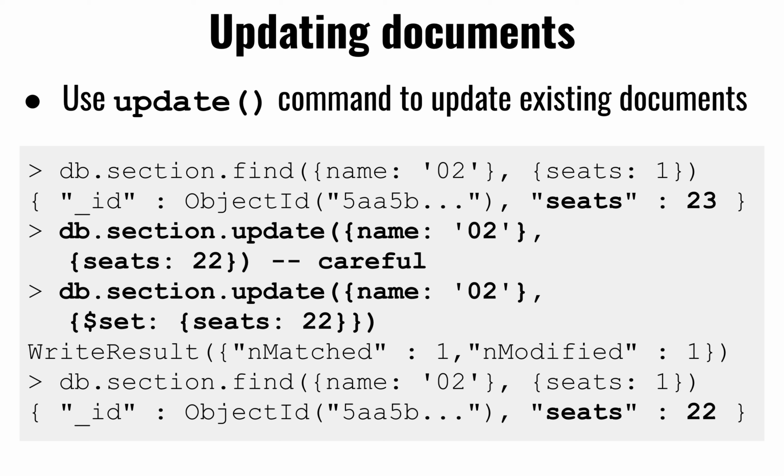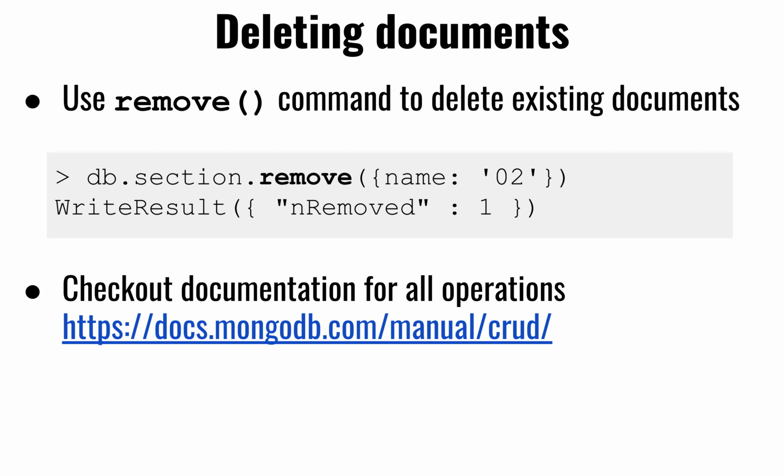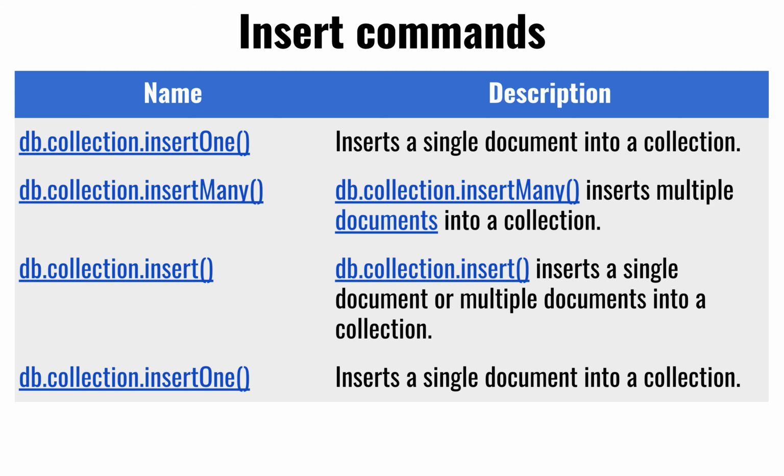You could say update, change the field, and refer to the current value of whatever the field is there, and then minus 1 or concatenate it or do something, whatever you want. Unfortunately, you cannot refer to the values of fields that are already in the document. So that's one minor limitation. You would have to read the document, store it, and then update it later. So yeah, we have remove.